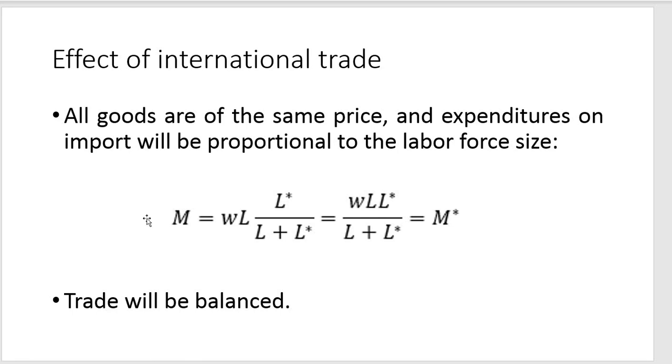So in this case, this will stand for the overall labor income, and this will stand for the proportion of income spent on foreign goods, and altogether this is the volume of imports in the domestic economy. Analogously, you calculate the volume of imports in the foreign economy. So in other words, trade will be balanced between those two countries.